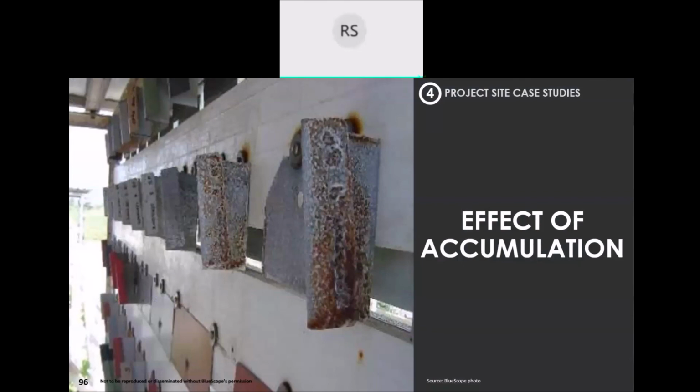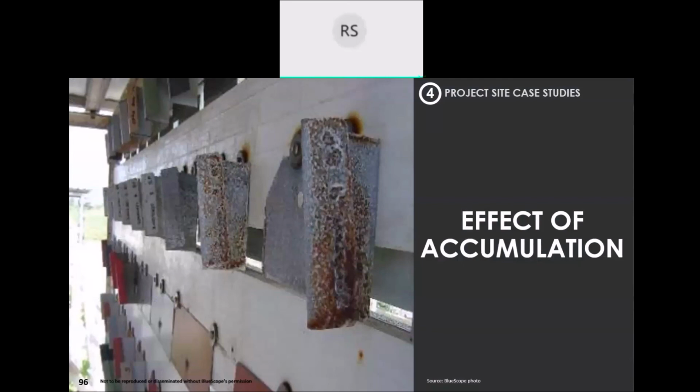In this case, or most cases where the building is located near an industrial or marine emission, we look at the effect of accumulation. What we mean by this is that there are areas where the material is exposed to external elements like fumes, gaseous emissions or saline salt water, but it's not exposed to rain to dilute it or wash it away.